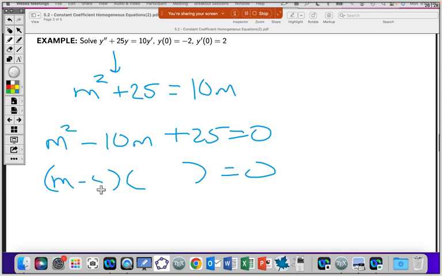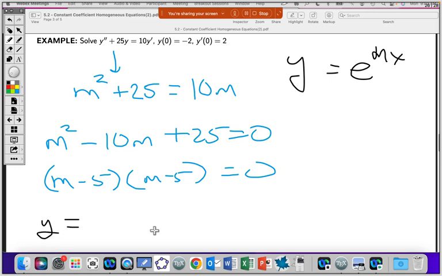Yep, you get m minus 5 twice. Okay, so remember the assumption here was y equals e to the mx. So what's my general solution going to be? We're going to have a c1 e to the 5x plus, well, we got 5 twice, so we're going to slap on a factor of x.